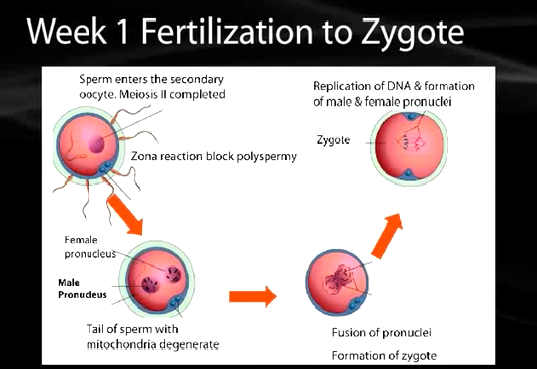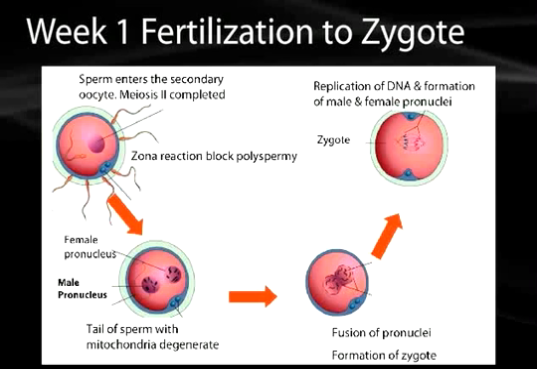Looking at the first week of fertilization, we'll move the zygote through and take it down its first stages. So assuming that a sperm does make it to the oocyte, the first stage is that there's going to be a zonal reaction to block polyspermy as soon as the first sperm penetrates into the zona pellucida.